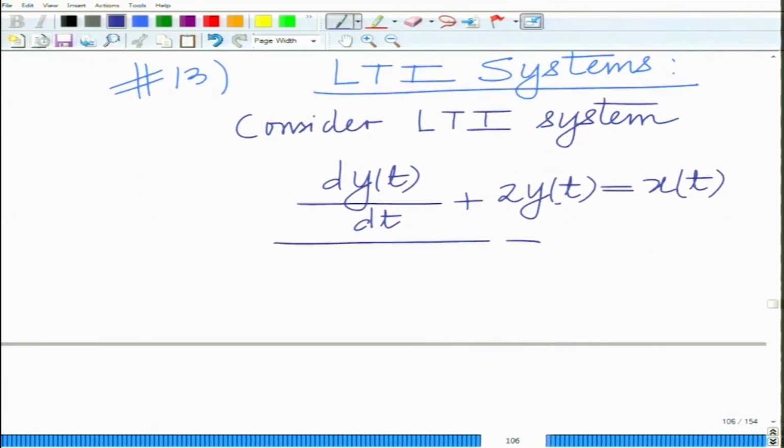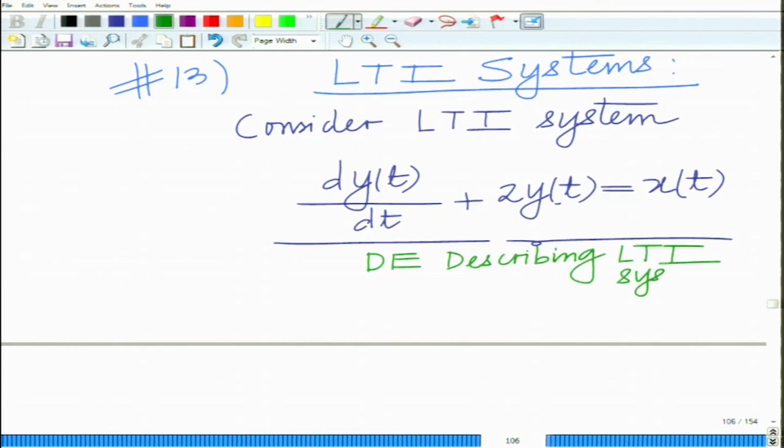So, this is the differential equation that describes the LTI system.